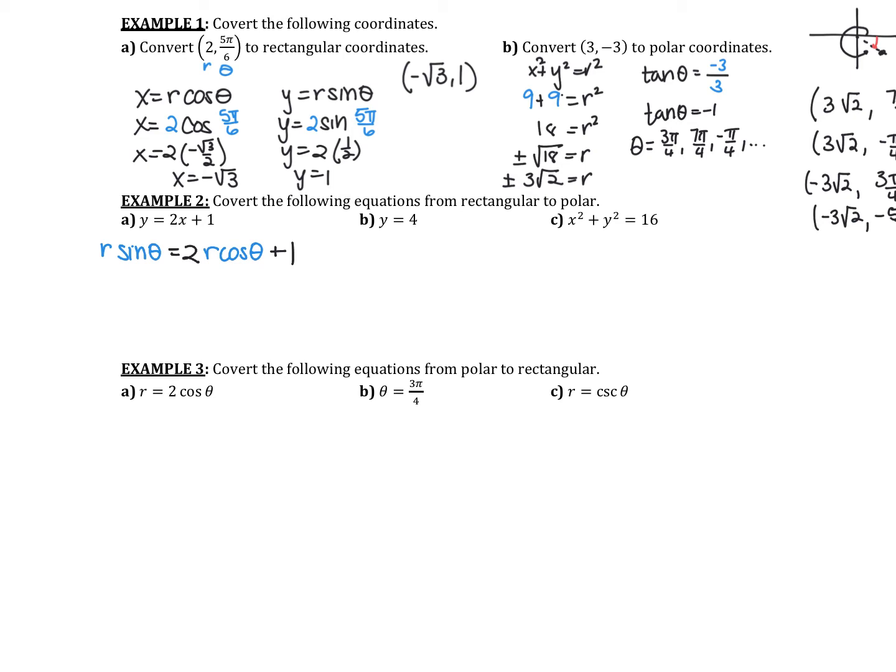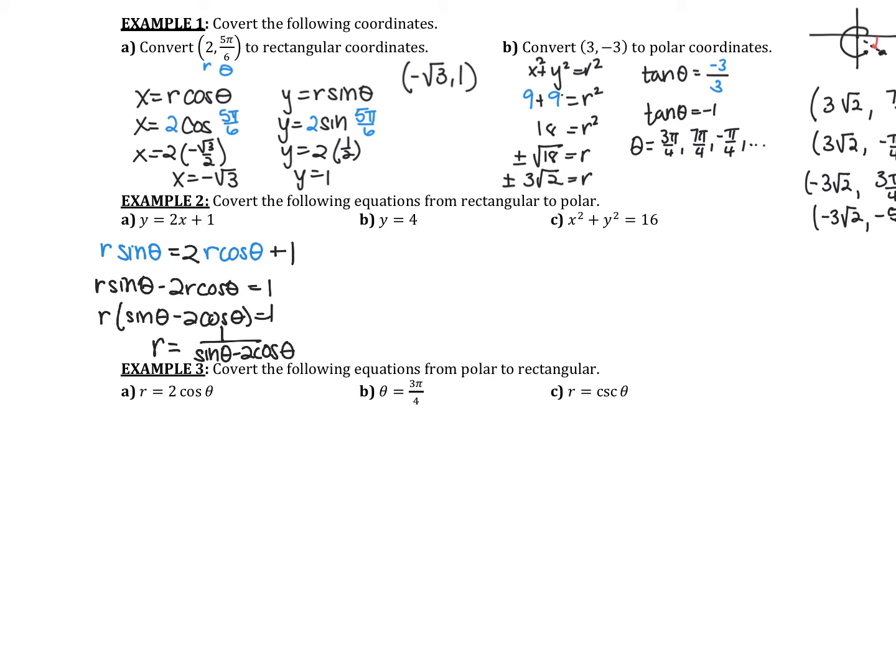While maybe not initially easy to look at, if I gather all of my r's and thetas on one side of the equation, meaning I have r sine theta minus 2r cos theta equals 1, I can factor out an r.